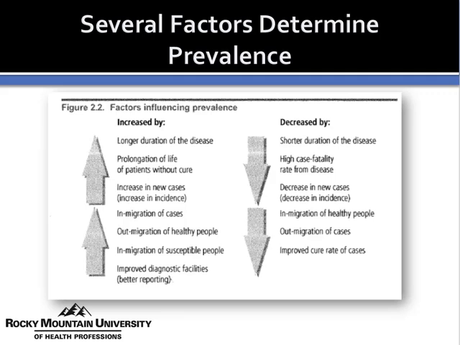How about looking at something like improved diagnostic facilities or diagnostic capabilities? I think we've seen that over time when it comes to autism or autism spectrum disorder. That's one of the suggestions people have made why we see an increasing overall rate.